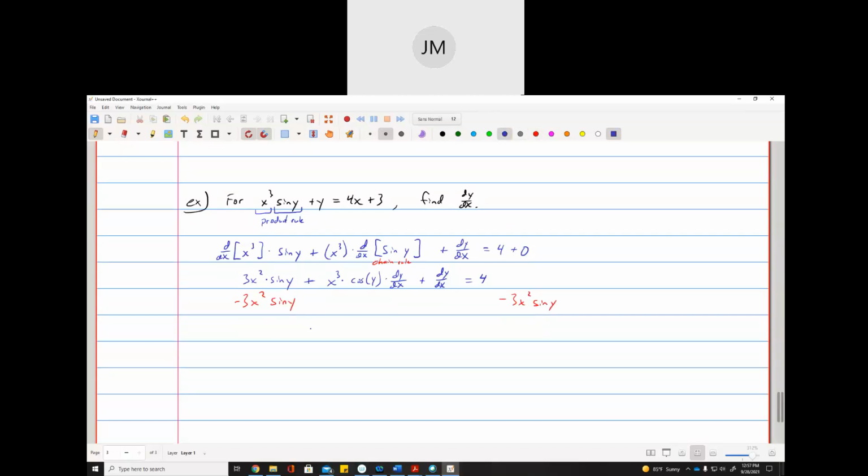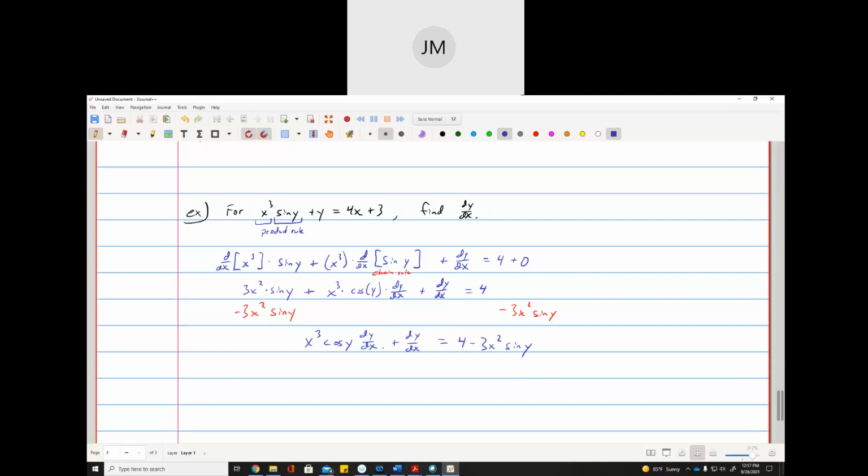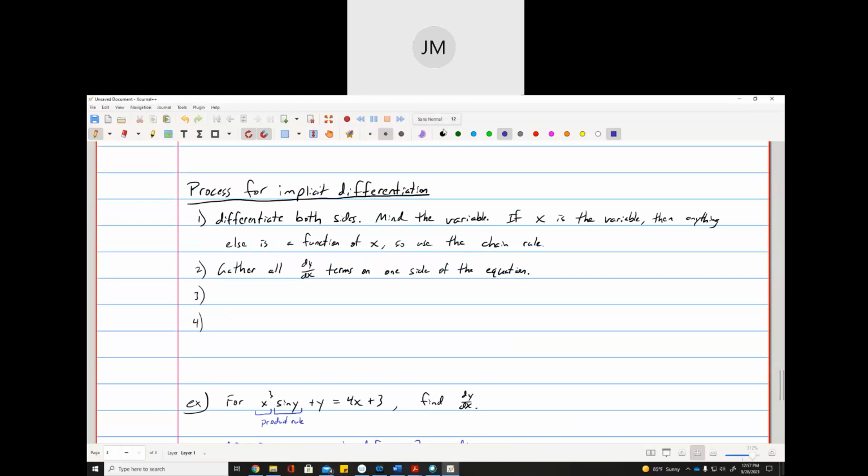Then we have x cubed cosine y times dy dx plus dy dx equals 4 minus 3x squared sine y. Now I want to get dy dx by itself. It shows up everywhere in this left-hand side. So what I'm going to do is I'm going to factor it out. So that's this step 3.